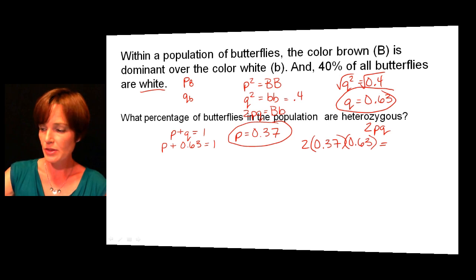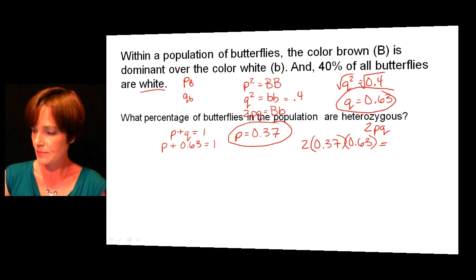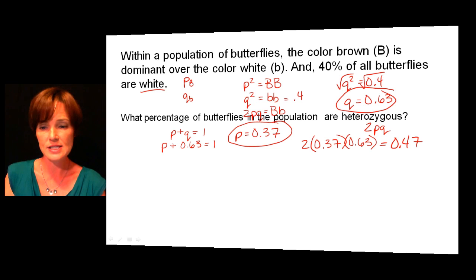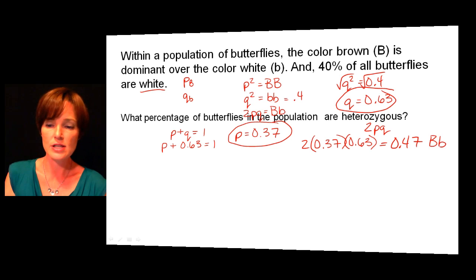Go ahead and figure out what that multiplies out to be. All right, so I came up with 0.47 after rounding. That's the frequency of the heterozygous ones. So that's going to be big B, little b that we just solved.